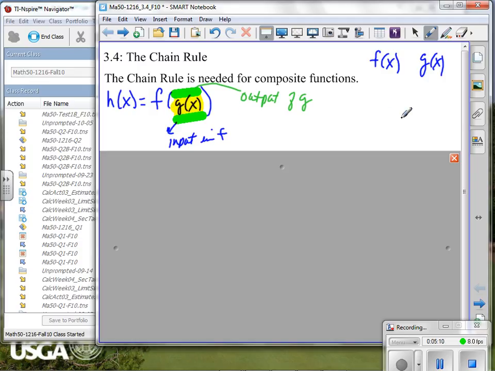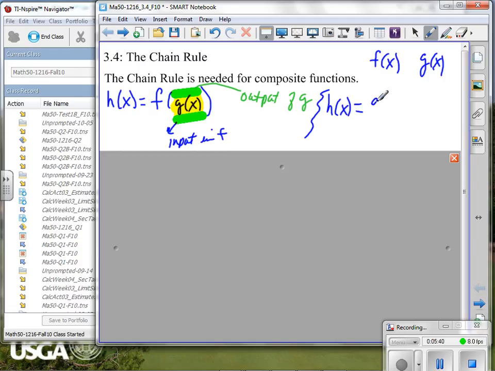Now, I said that there were two ways to do this. So let's look at a second way of taking h of x and writing it as a composite function. Okay, so what is the second way? We have f of g of x.